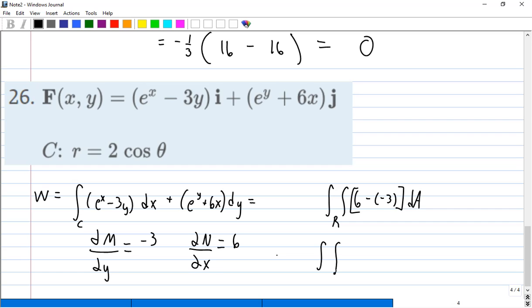So what is r = 2 cosine theta? It's a circle. Do y'all remember?